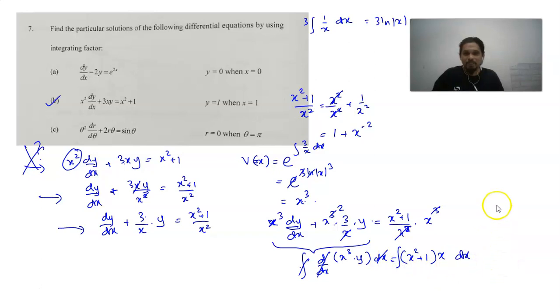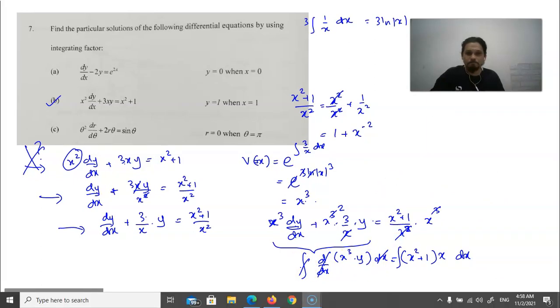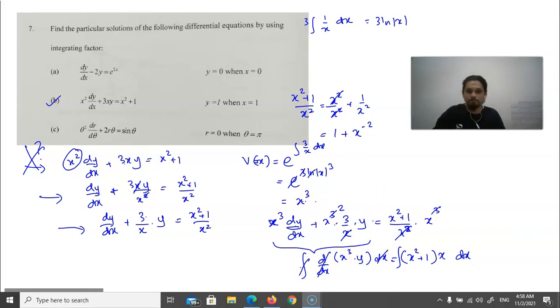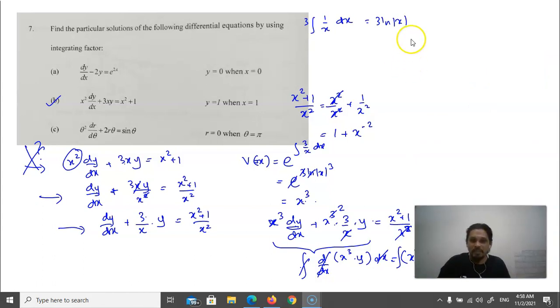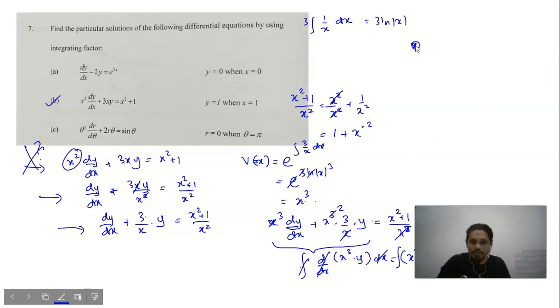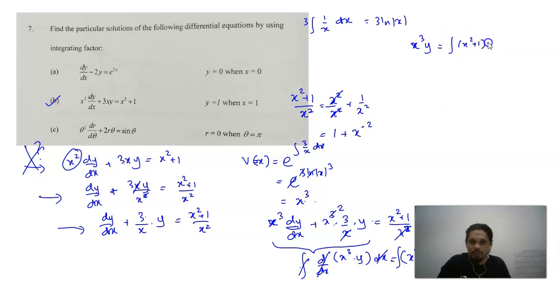Now if I take this one here, x cubed times y equals the integral of (x squared plus 1) times x dx.